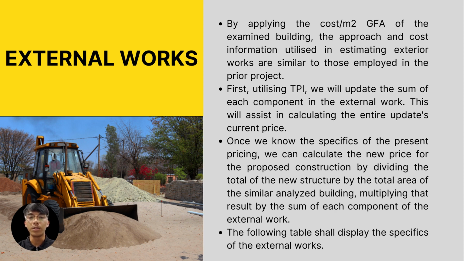Once we know the specifics of the present pricing, we can calculate the new price for the proposed construction by dividing the total of the new structure by the total area of the similar analyzed building. Only then can we multiply the result by the sum of each component of the external work. The following table shall display the specifics of the external work.